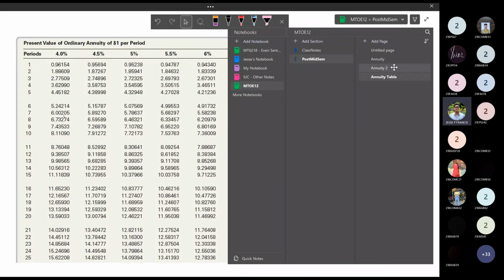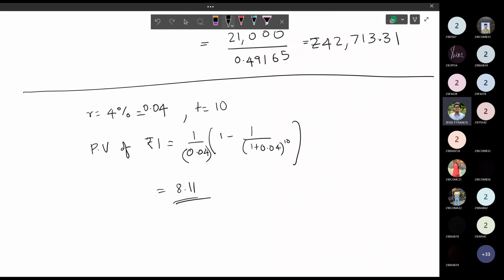I hope you all have the table, or I'll send it in the chat box for your reference. Okay, I've sent it in the chat box.